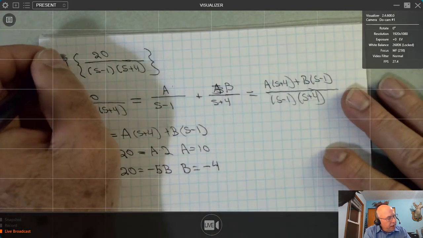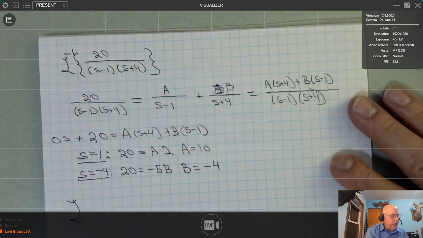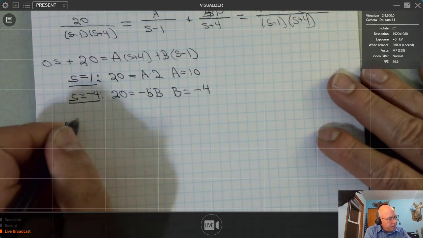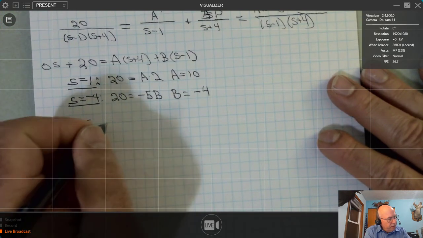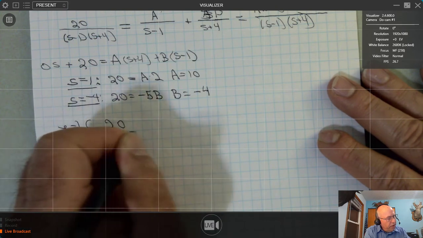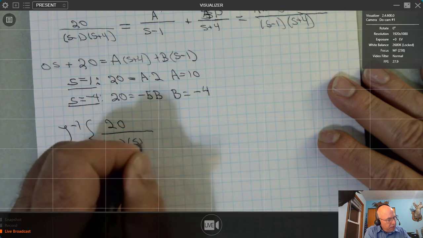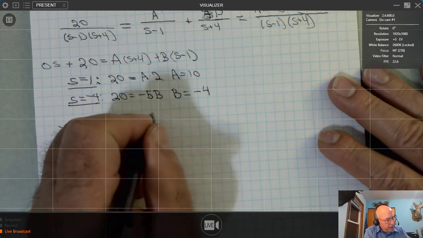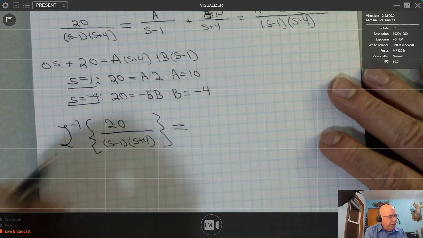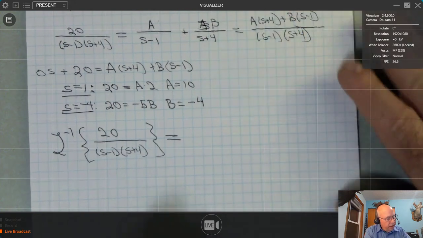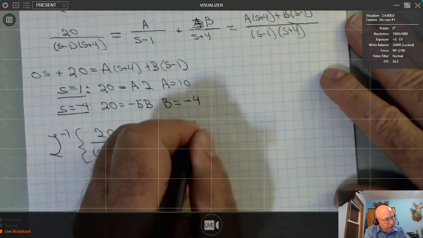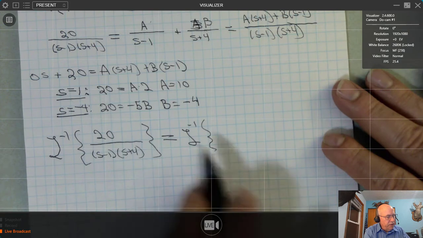I missed it. I wanted the inverse transform. The inverse transform of 20 over s minus 1 times s plus 4 is equal to the inverse transform of, well, we split it into the two fractions now.